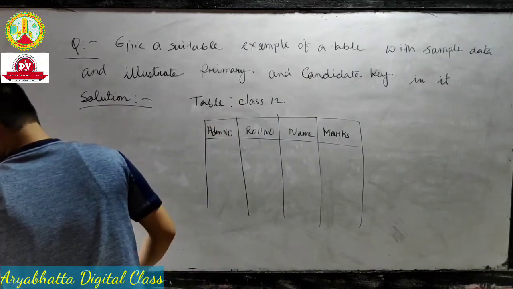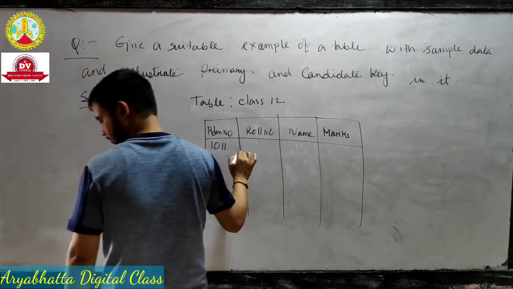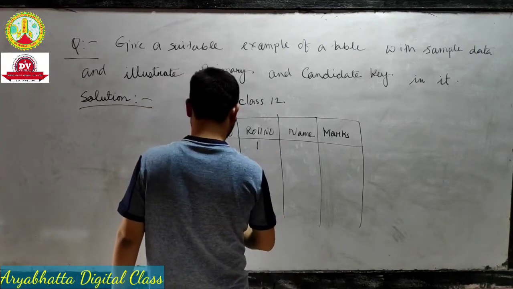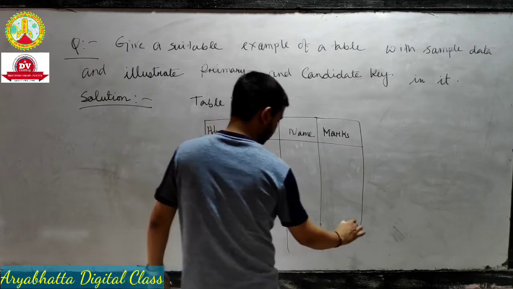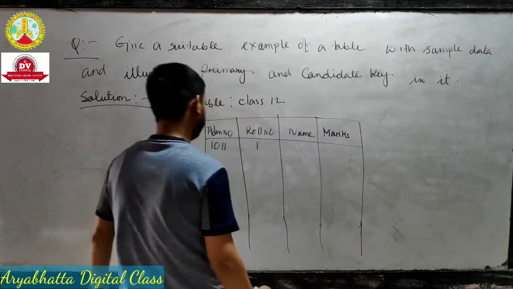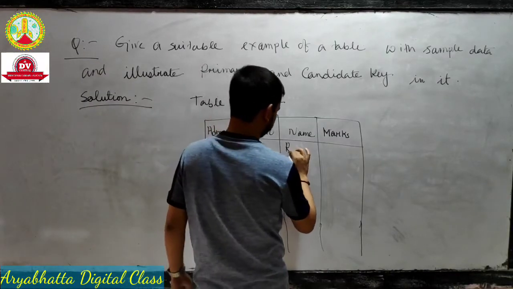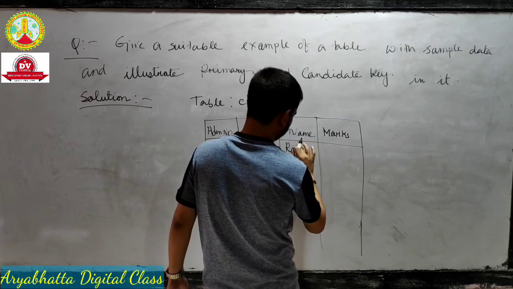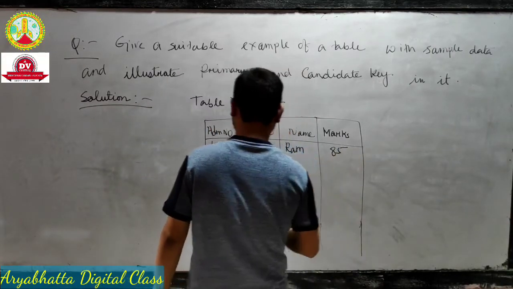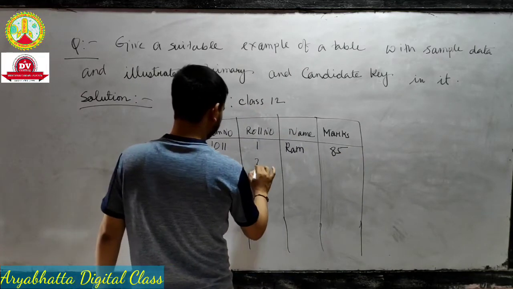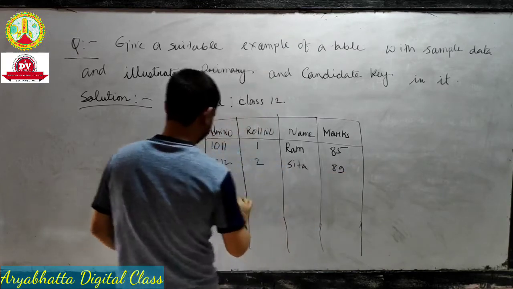So there are 6 students. Okay. First admission number 1011, roll number 1. Any name you can take. Suppose Ram, and marks is 85. Then 10122, suppose Sita, 89.